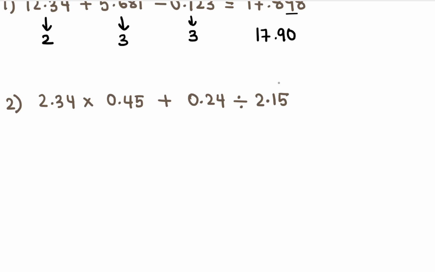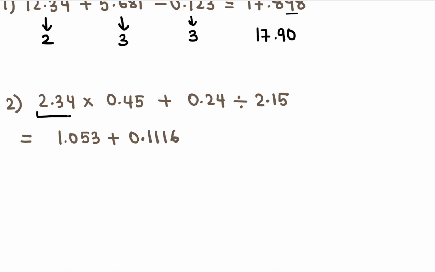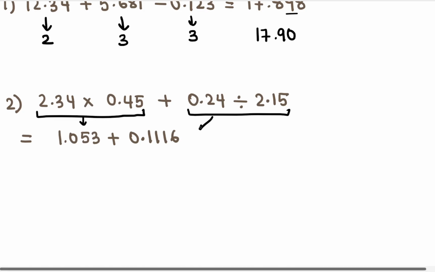So, using the order of operations, we do the multiplication and division first. And that would give us 1.053 plus 0.1116. So when we do this calculation, we'll get this.